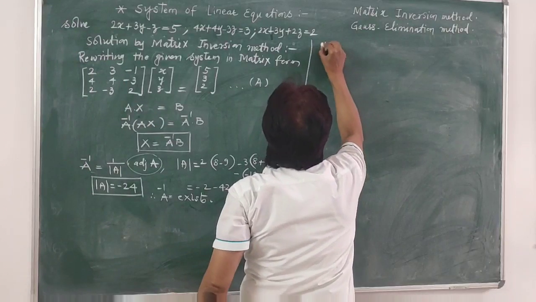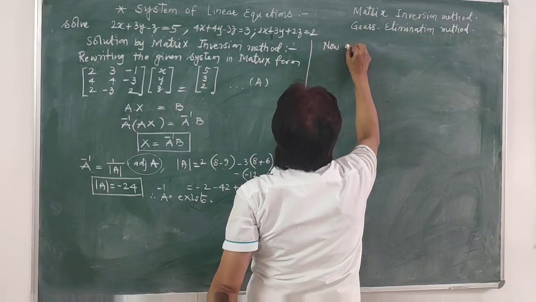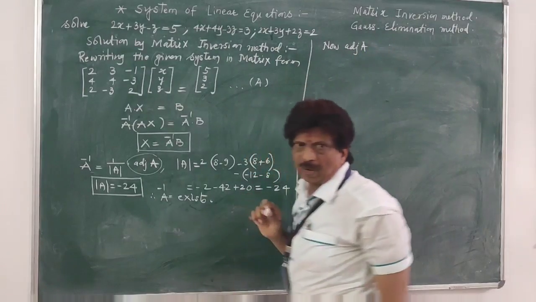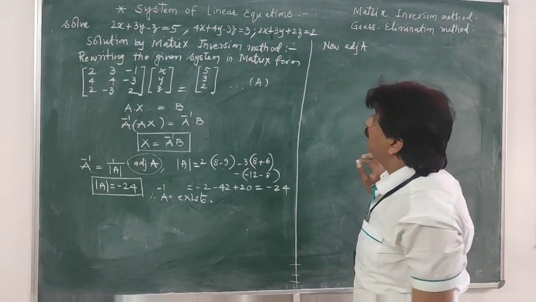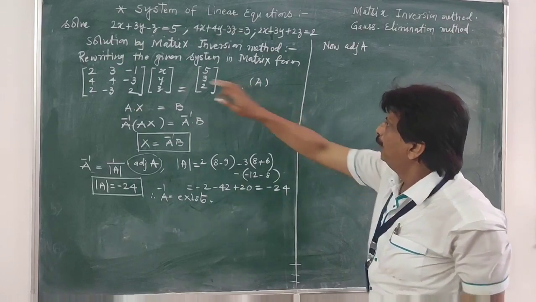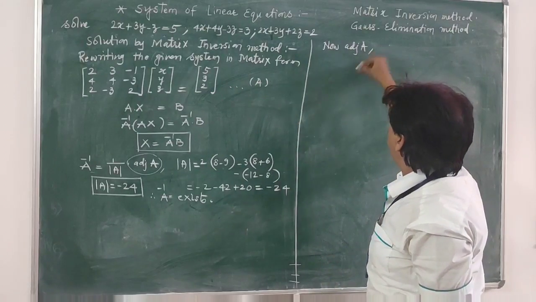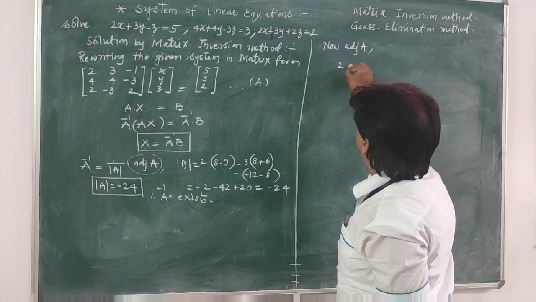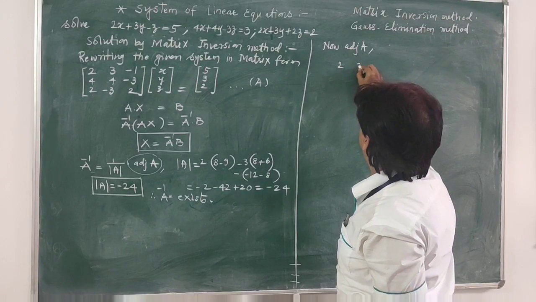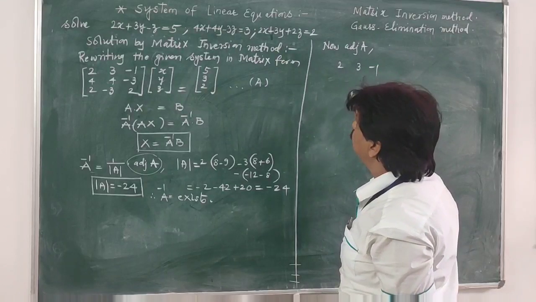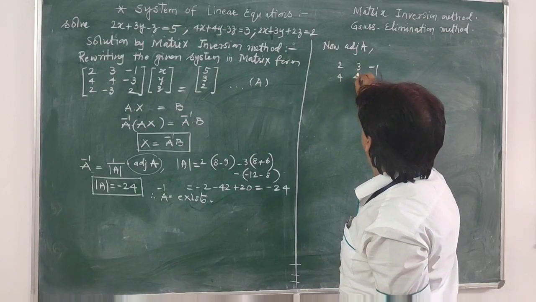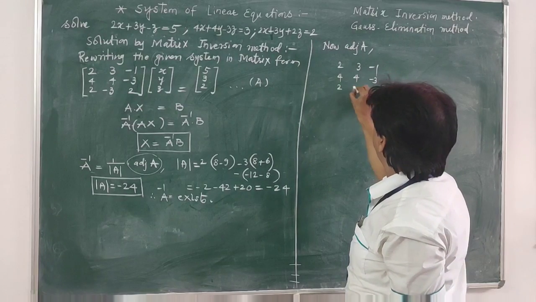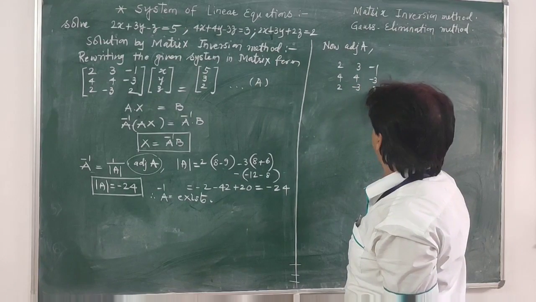To determine the adjoint of A, I shall provide you the simplest method of finding the adjoint of A. The method is: rewrite the matrix capital A: 2, 3, minus 1, 4, 4, minus 3, 2, minus 3, plus 2.